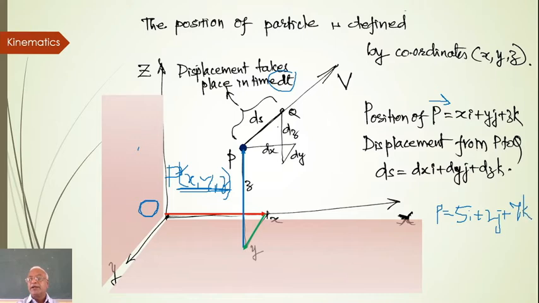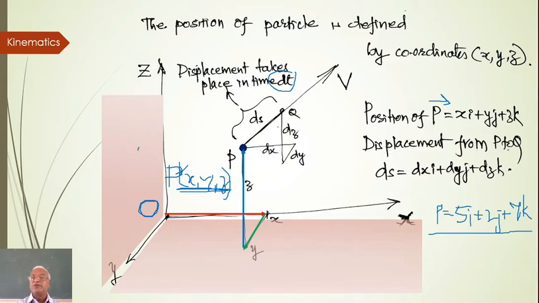So what it indicates is that in the x direction you have to move a distance of 5, right? And then 2j, in the y direction you have to move only 2 units, and in the k direction, I mean in the z direction, we have to move 7, then we'll be going to the point P. That is what the position vector is.